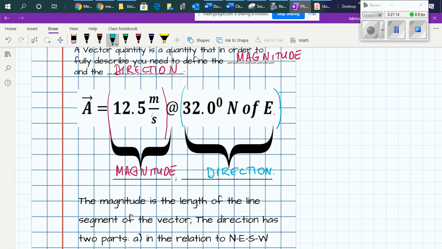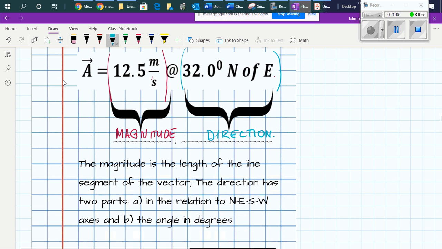Again, in any way that we work and describe a vector, the magnitude is the length of the line segment of the vector. When we draw a vector, the length of this line segment that is representing the vector is telling us what the magnitude is.